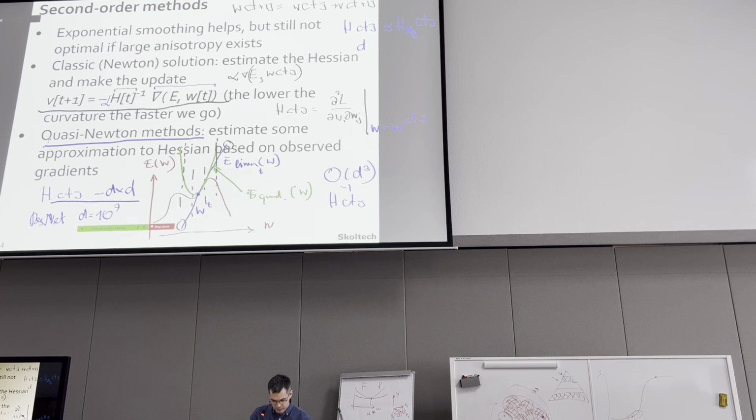Okay, so this problem is solved, this approximation. And then, if we want to invert a diagonal matrix, we also need only d operations. Yes, because we just take the inverse of each number on the diagonal, and voila, we have an inverse matrix, an inverse diagonal matrix.